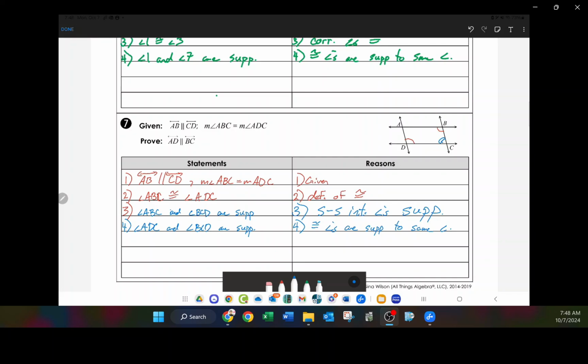Now that I know that angle ADC and angle BCD are supplementary, why can I say that lines AD and BC are parallel? And that is because of the same side interior converse.